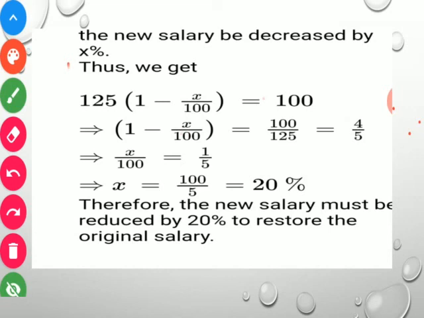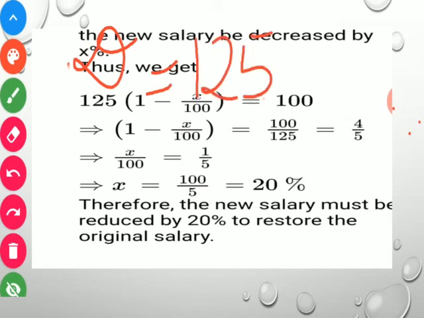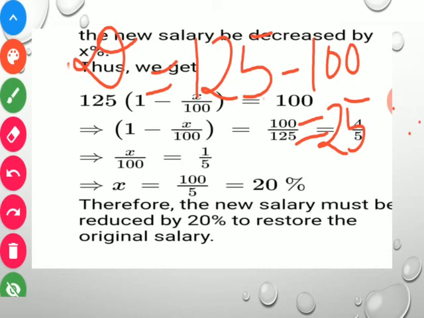The same question you can do with one more method. You have calculated his new salary, that is 125, and his original salary was 100 rupees. So find the difference between both salaries. 125 minus 100 will be equal to 25. Now this is the difference between his salaries.